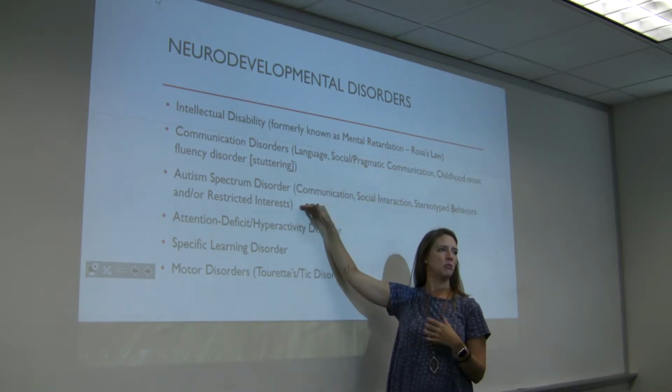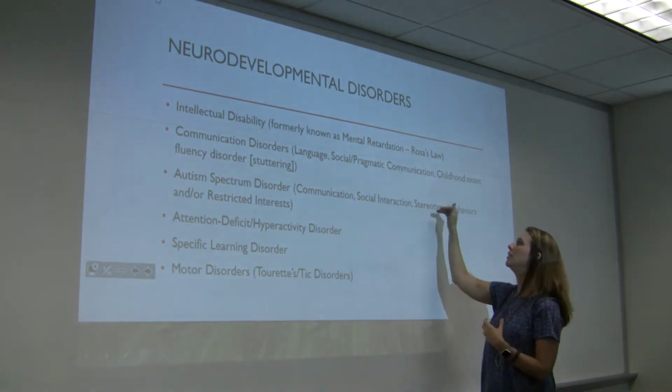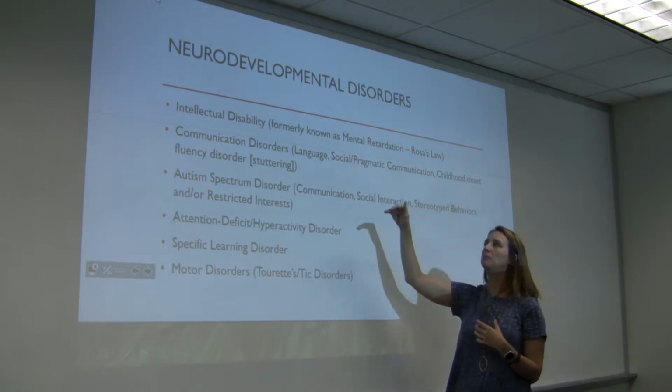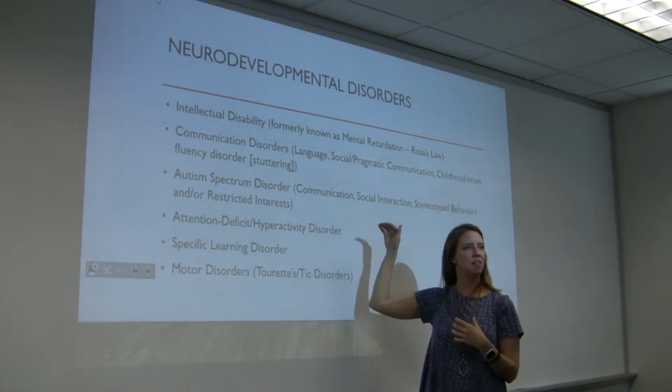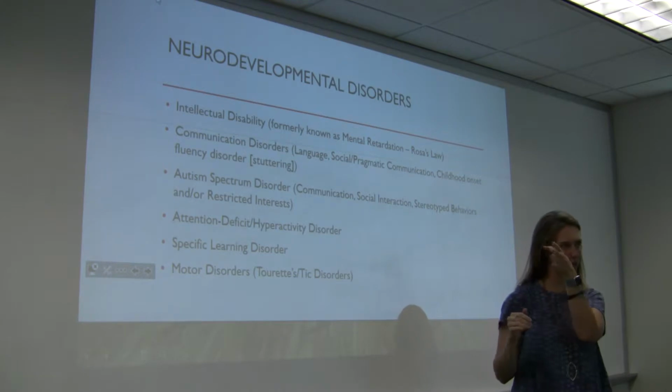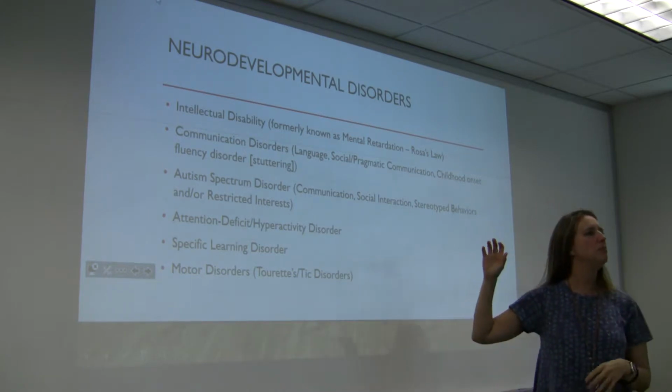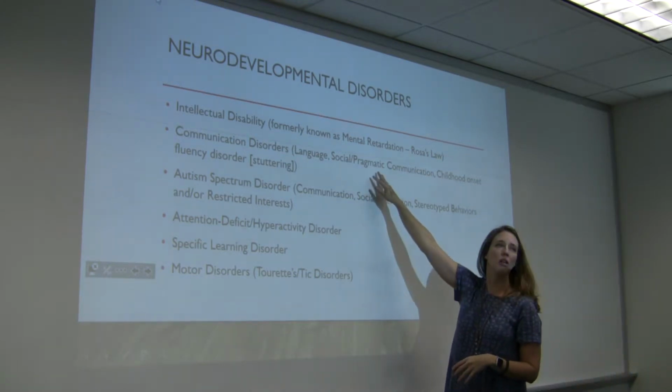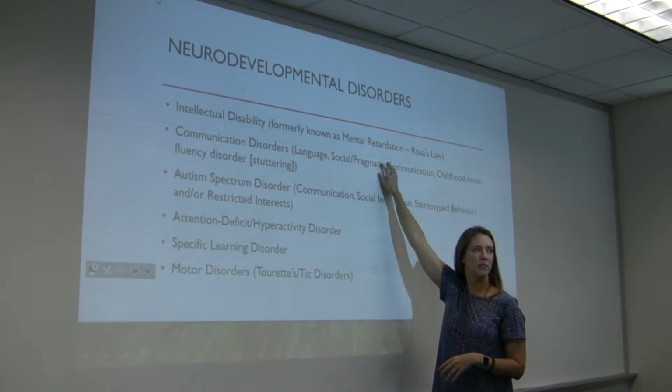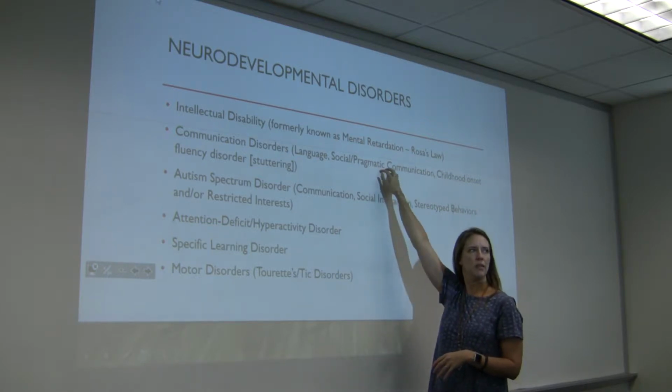If they have the restricted and repetitive interests, the stereotyped behaviors, and really specific impairments, like I can't make eye contact with you, then this is just a lower threshold.